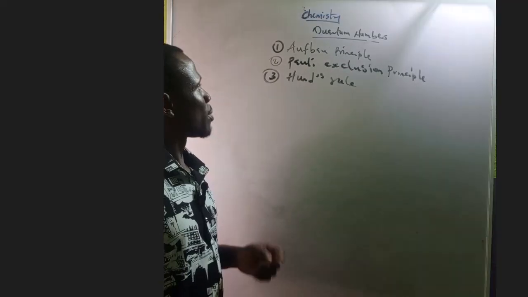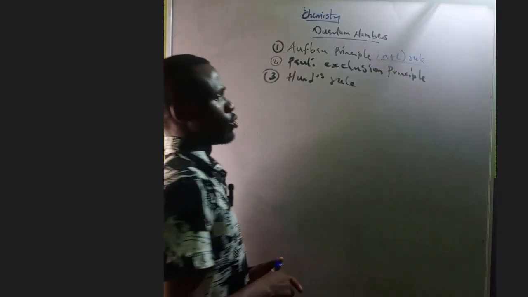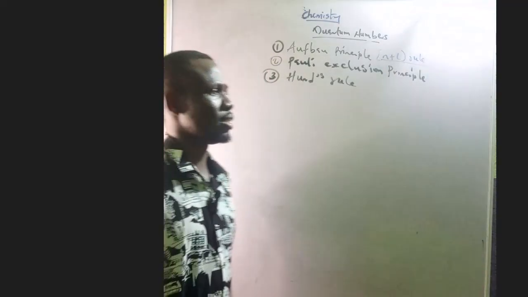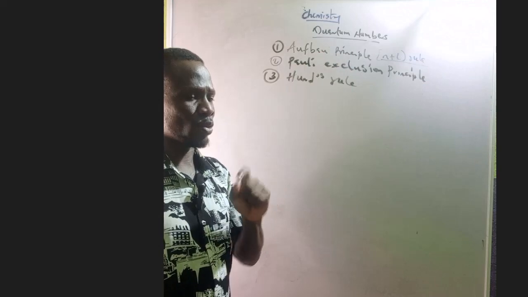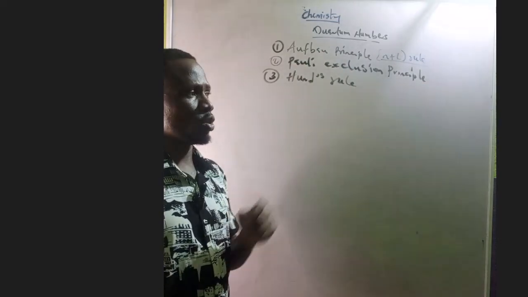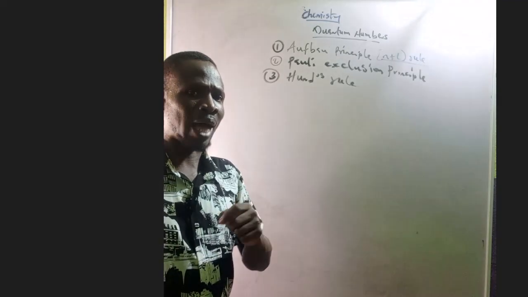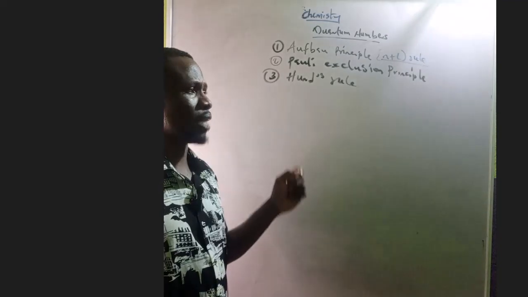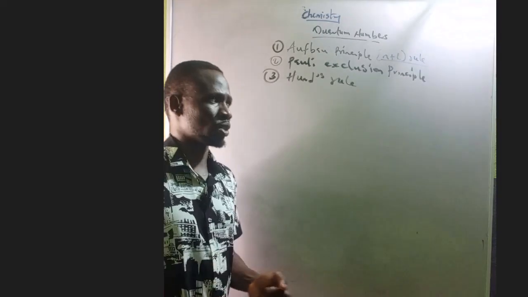The Aufbau principle is also known as the n plus l rule, which explains the energy levels of an atom. The Aufbau principle states that electrons fill the lower energy levels first. Electrons fill orbitals with lower energy level before orbitals of higher energy level in the order of filling electrons in an atom.